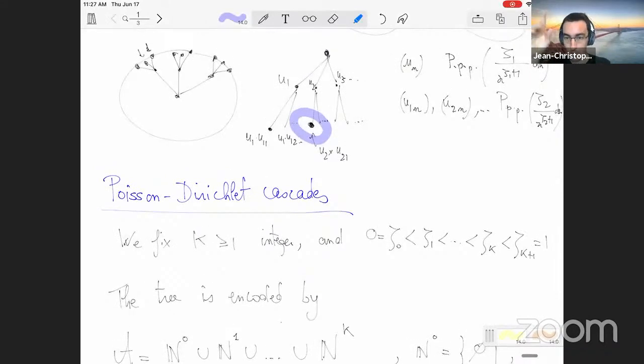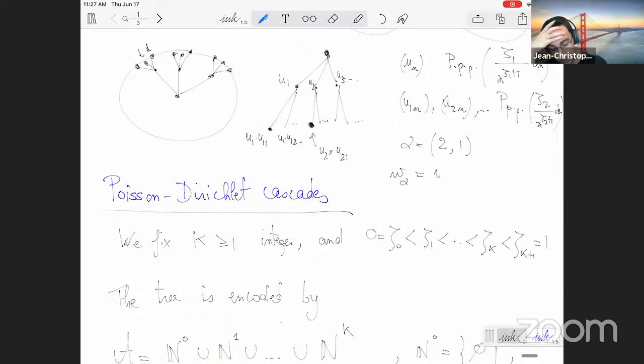So I want to define a weight on this site, alpha equals 2,1, as the product of these processes that we see along the way.